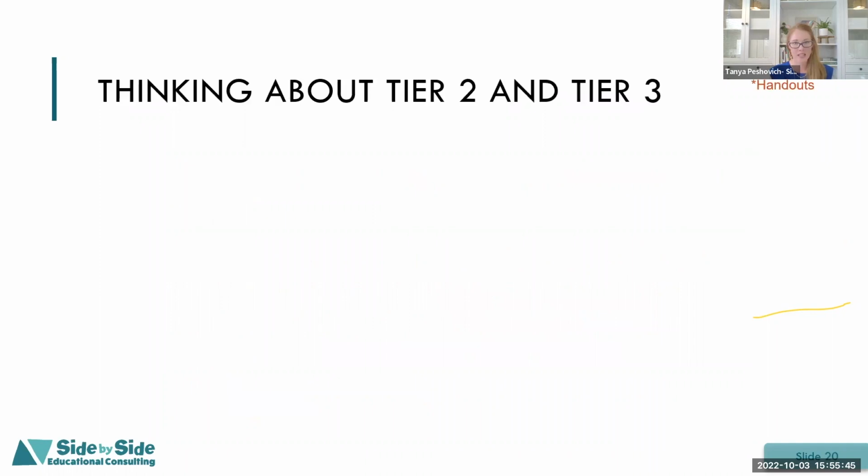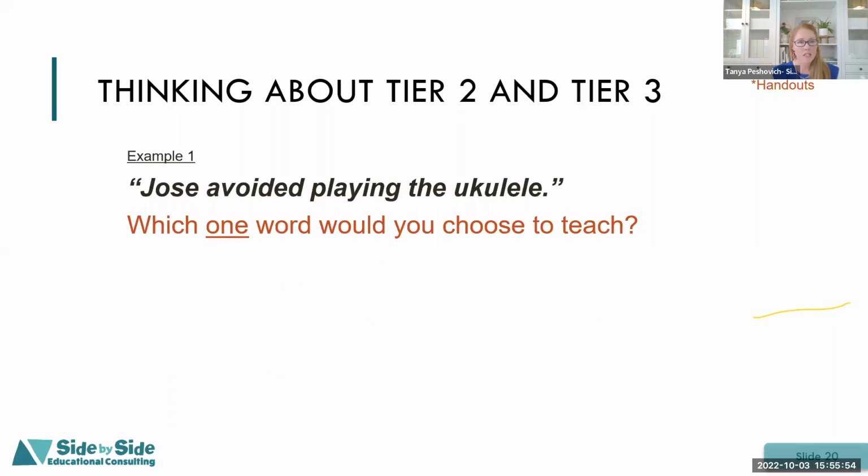Let's do this with an activity. So take a look at this example, just a very basic example. Here is a sentence. Jose avoided playing the ukulele. If you could choose one word to teach from this sentence, thinking about what we just talked about with tier 1, 2, and 3, tier 2 words are the ones we really want to hone in on because they can be applied across many different contexts.